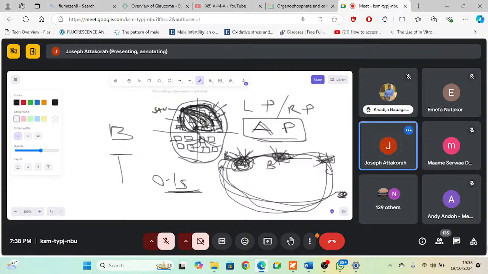So at the end of the day, how are you going to summarize this? It will enable the atria to contract fully before the ventricles contract.